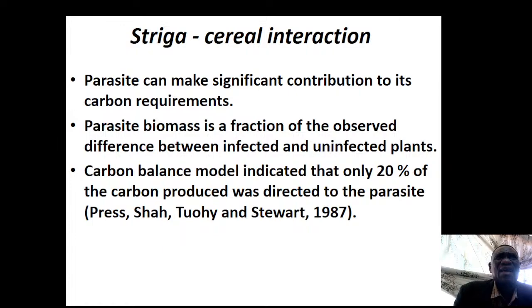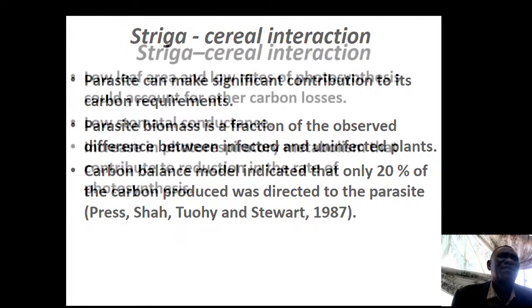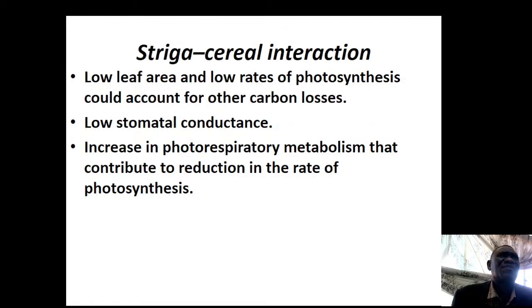So with the striga, probably it is affecting the host through the photosynthesis, which is reduced in the host. So you may have low leaf area and low rates of photosynthesis, which could account for other carbon losses.